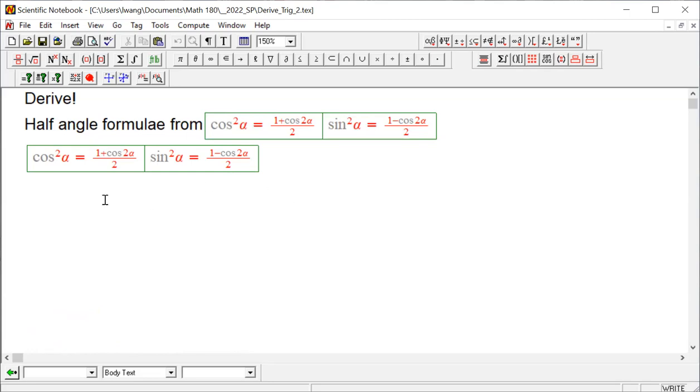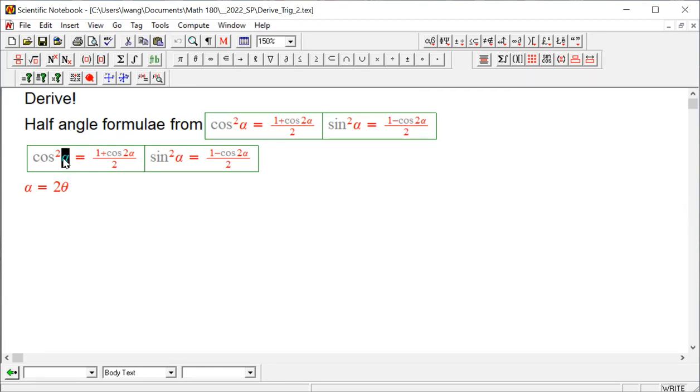We're going to introduce some substitutions. Alpha equals 2 times theta. How do we do this?